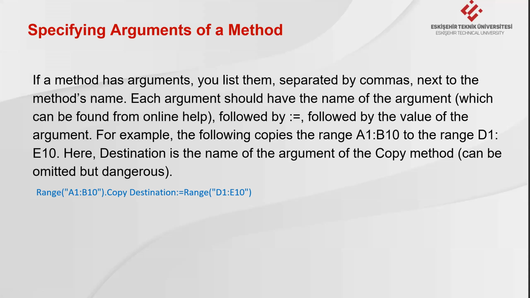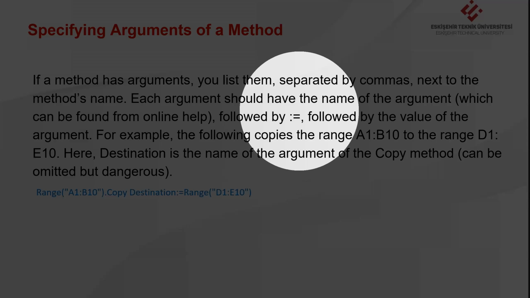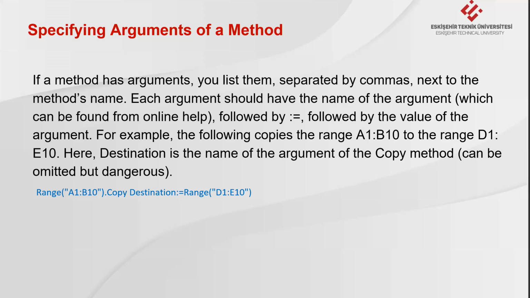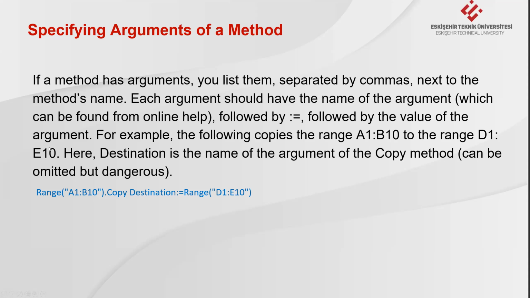We can specify arguments of a method as well. If a method has arguments, you list them separated by commas next to the method's name. Each argument should have the name of the argument, which can be found from the online help, followed by these signs in here. For example, the following copies A1 and B2 to range D1 to D10.